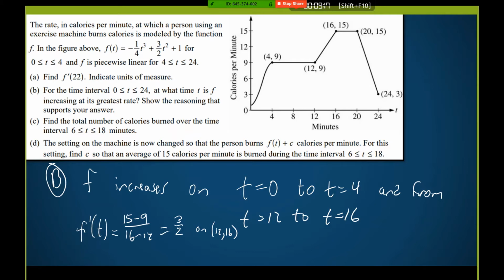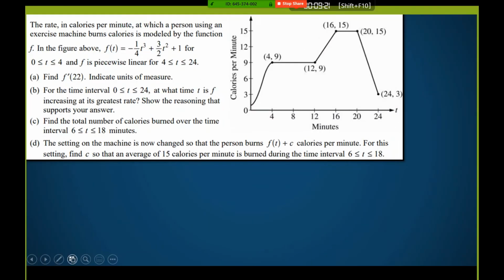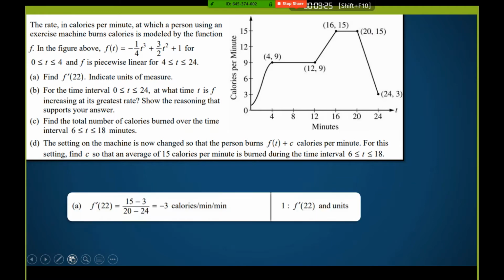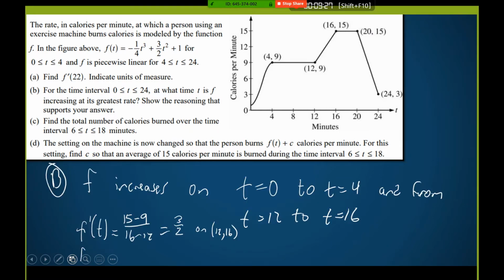Okay, I'm going to jump over to Eric next. On the interval from 0 to 4, what's f prime?